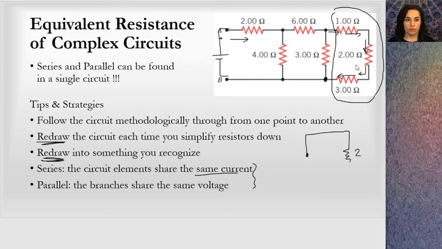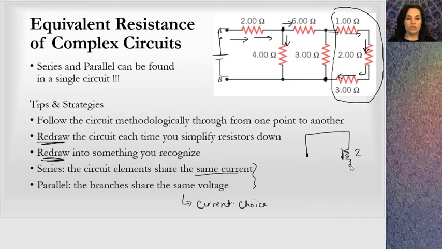That's your test, okay? As opposed to branches that share the same voltage, the way I think about this is the current has a choice, and not that the current is a human being making choices or anything. But when you draw it, you will see that there's a choice of that current to flow. For instance, once current flows through this 2 ohm resistor, it gets to this junction, and it has a choice of going through the 4 and 6.